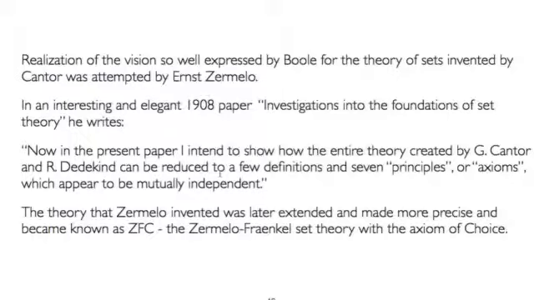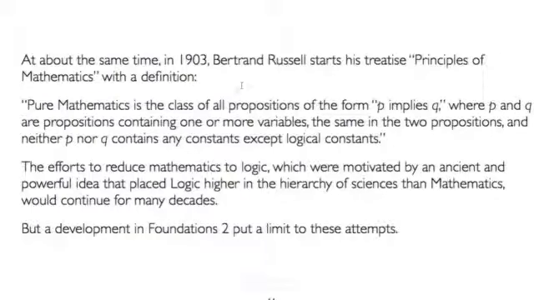But at about the same time, we see that Bertrand Russell seemed to have remarkably strong opinions about things. Here he writes, for example, that pure mathematics is the class of all propositions.